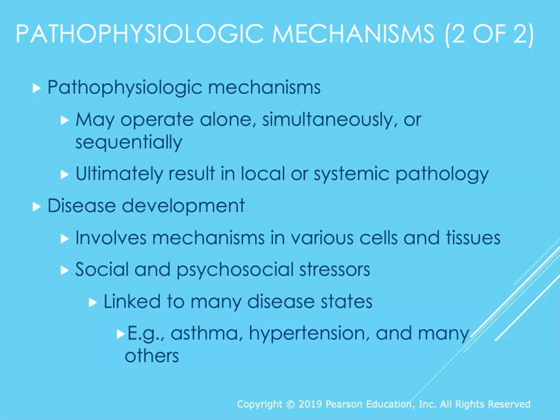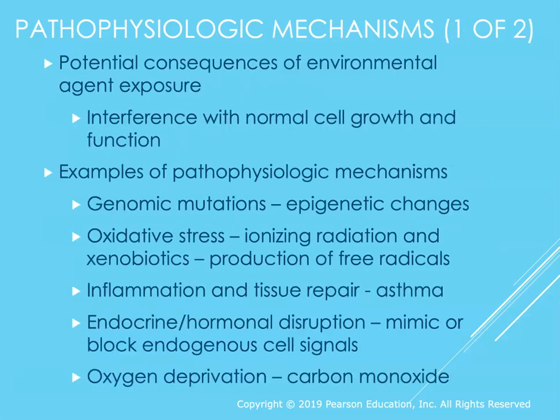Now, regarding development of a disease from some of these disruptions in physiology, these pathophysiological mechanisms may lead to disease, but they may not. This is just like what we talked about before. There are other factors, host factors, and just basic function that can come into play as well.